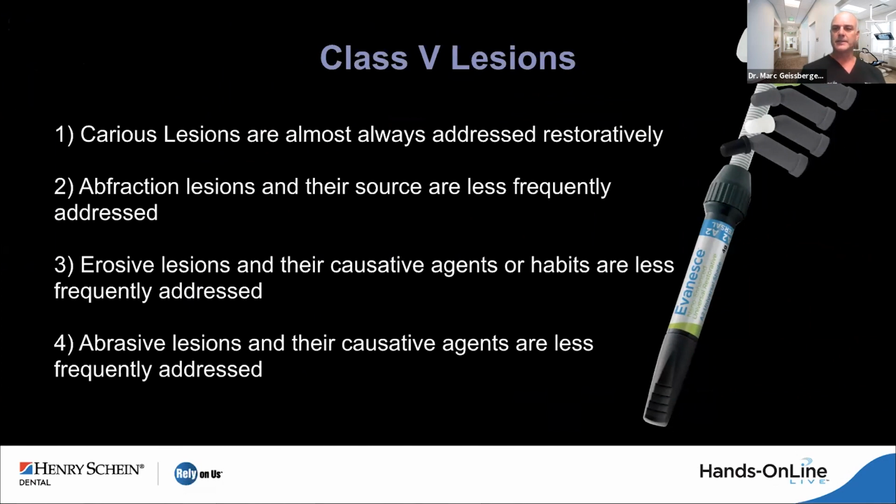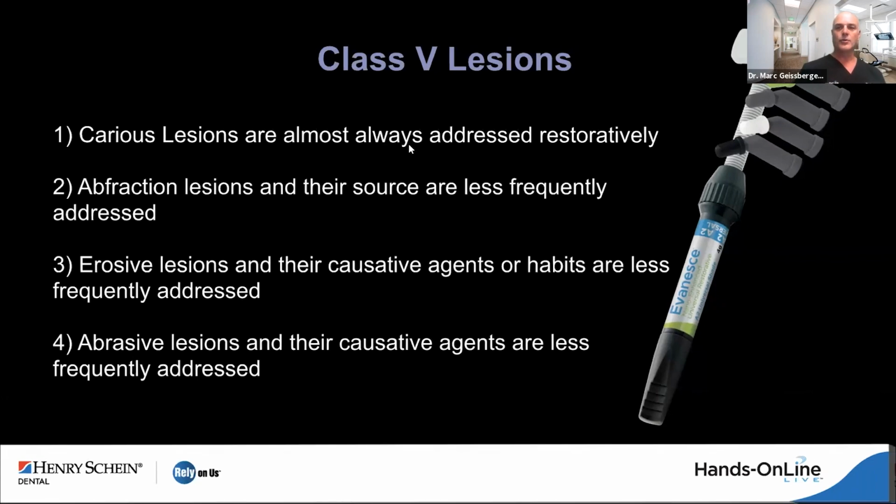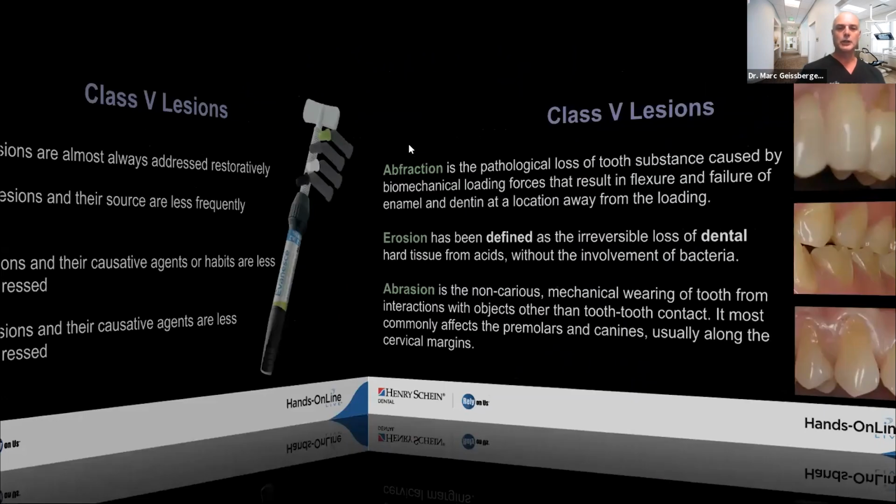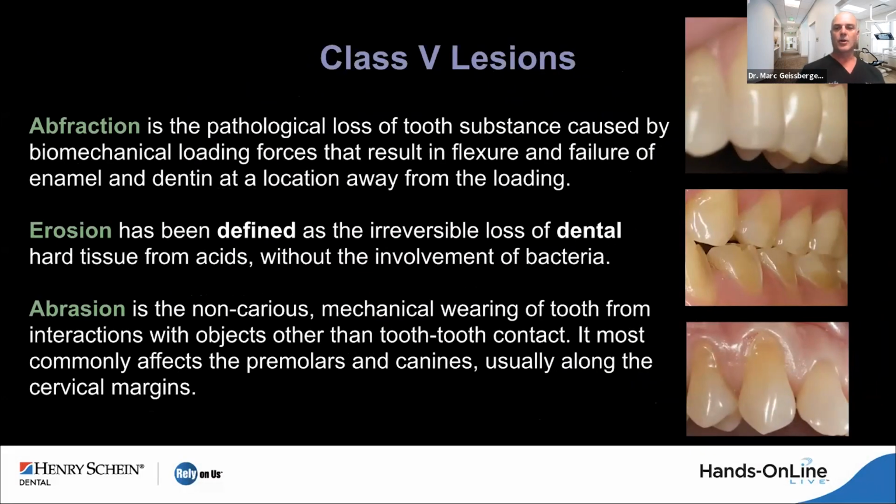But my experience in evaluating these and watching these come into my practice is that dentists really treat the carious ones, but sometimes don't bother to treat the abfractive lesion, erosive lesion, or even abrasive lesion, which I consider a disease process as well. And in my practice, I see disease, I treat disease. So I think you can broaden your treatments by including the ones that aren't always treated.